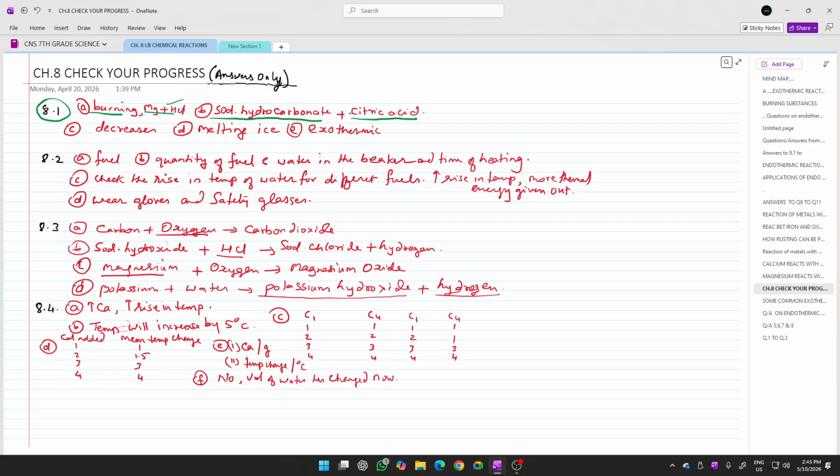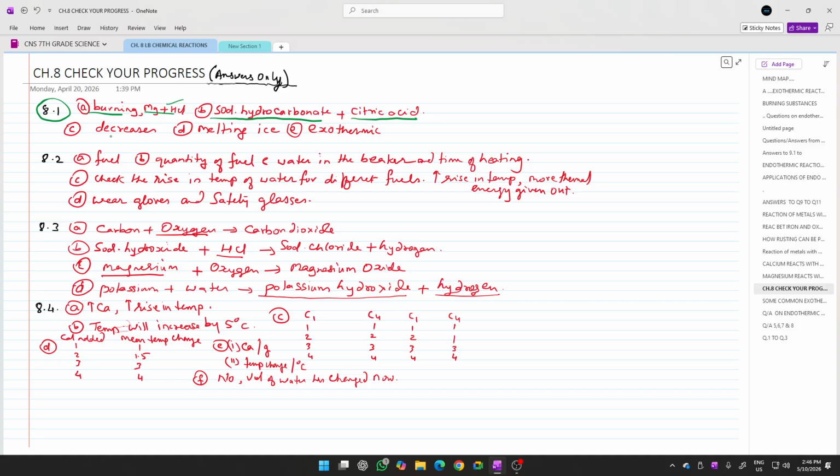Then C is the temperature in an endothermic reaction. What happens to the temperature in the endothermic reaction? The temperature decreases, isn't it? So for C, the answer will be decreases. The temperature of the surrounding decreases because the heat energy is taken in during the endothermic reaction.